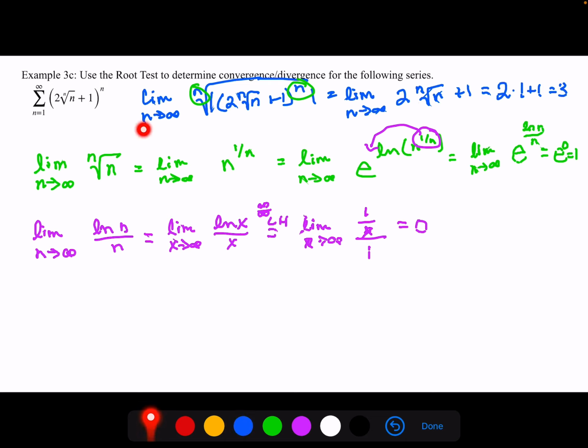That is to say, the limit as n tends to infinity of the nth root of the absolute value of the terms of our series, a sub n, is equal to 3.